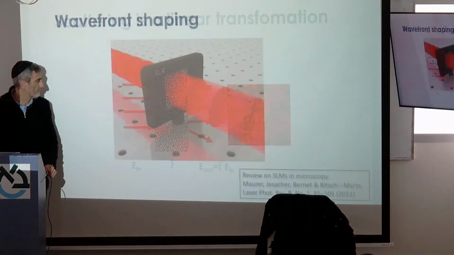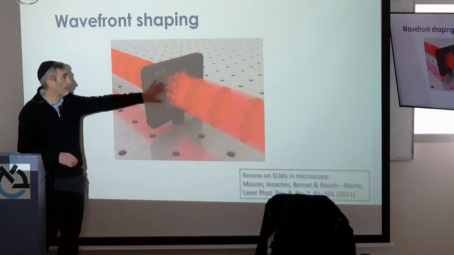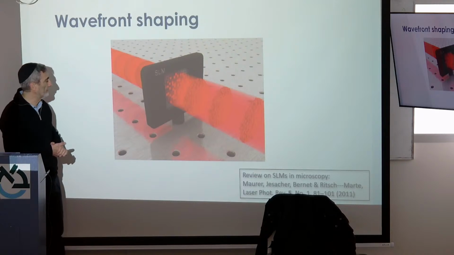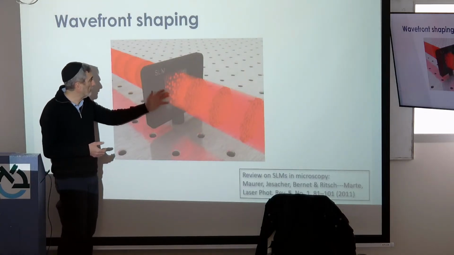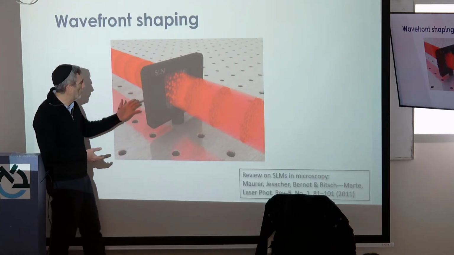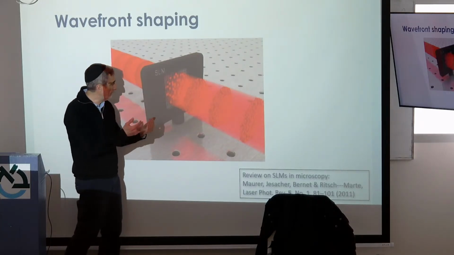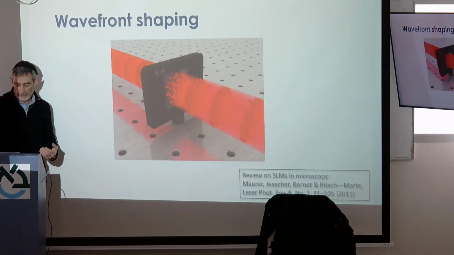And that can be done with these spatial light modulators based on liquid crystal, or with these controllable mirrors, and then you can really shape the wavefront. This is a picture of a wavefront: you introduce phase differences between each pixel, and that can be used to image with the scattering medium.